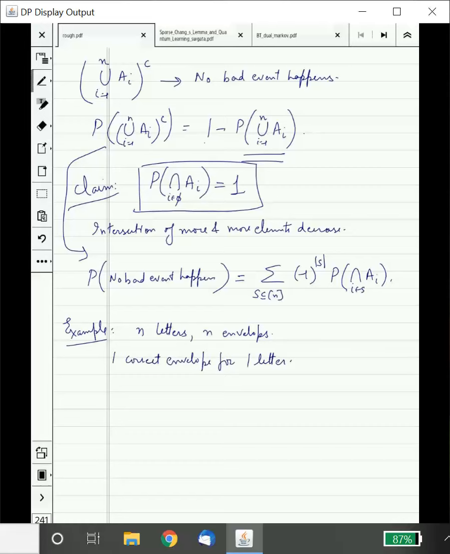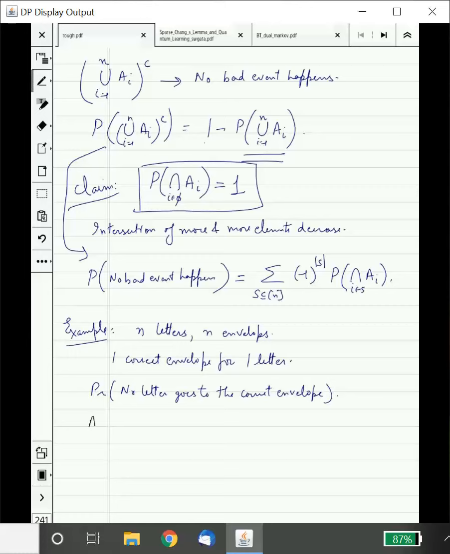And we are interested in the probability that no letter goes to the correct envelope. So we place the letters arbitrarily, randomly. So every permutation is equally likely. That is going to be our sample space. And the question is, what is the probability that no envelope goes to the correct letter?